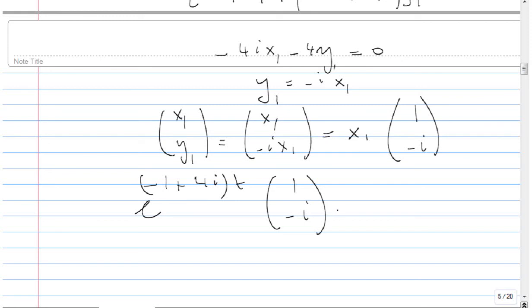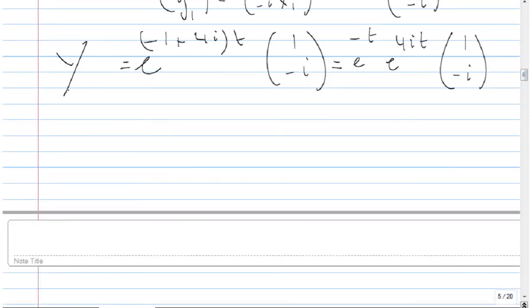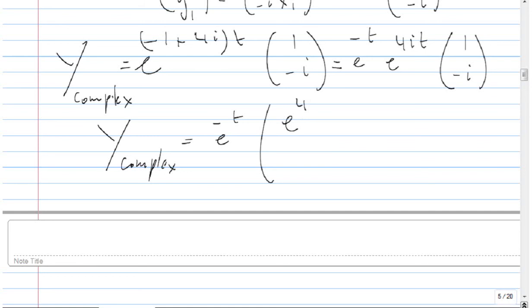So this is equal to e to the minus t, e to the 4i t, times (1, minus i). Let's call this y complex. So y complex equals e to the minus t times (e to the 4i t, minus i e to the 4i t).